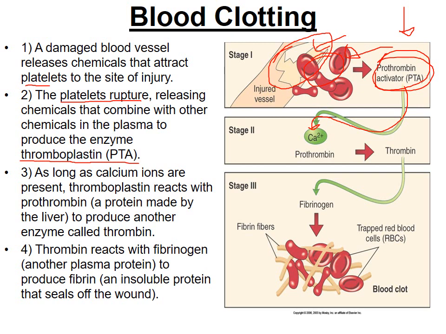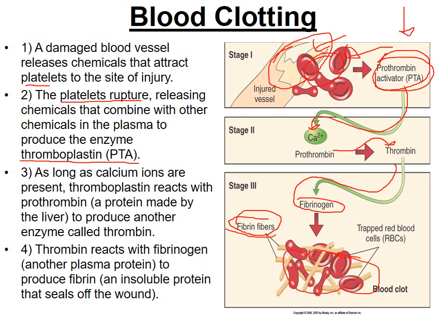And what's going to happen is that's going to lead to the production of something called thrombin. And thrombin is another enzyme. Now, thrombin is going to go and react with something called fibrinogen, which is a plasma protein, and that's going to produce fibrin, which is going to help to seal off the wounds.